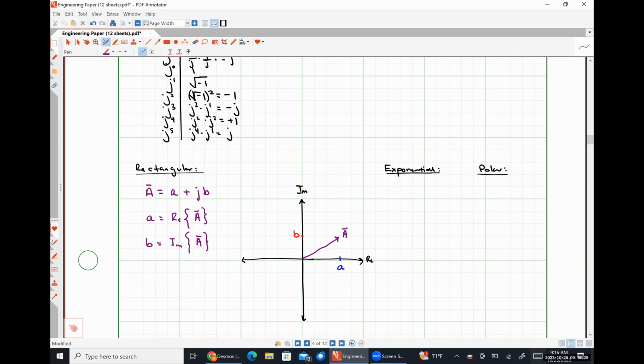Now, let's talk about our exponential form. Okay? So we can see that this complex number has some length. And I'm going to call that length the magnitude of A. Actually, I should have done that in purple, just for the consistency of colors.